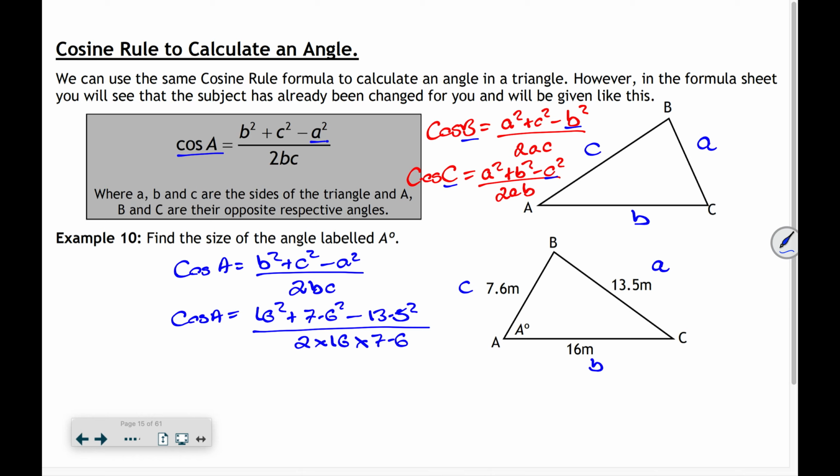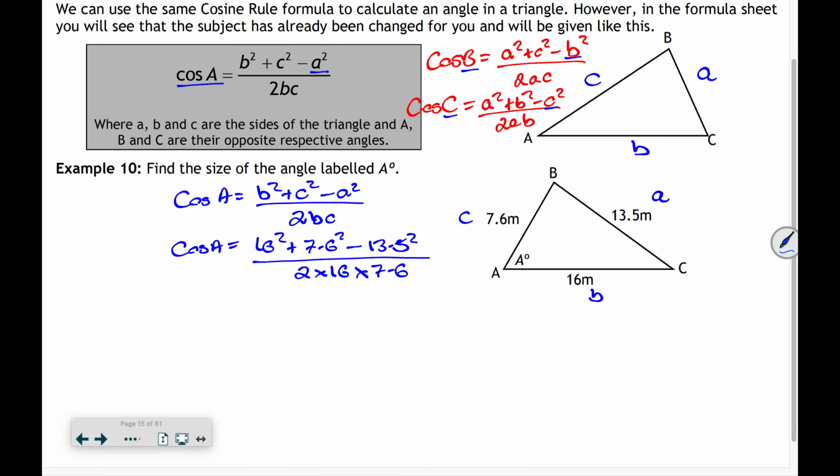Okay? I suppose another way you can remember it is the side opposite the angle you want appears once and the other two sides appear twice. The 16 and the 7.6. Okay? Just do whatever it takes for you to remember the pattern of the letters and numbers here. So cos A is equal to, and let's just plug that into the calculator.